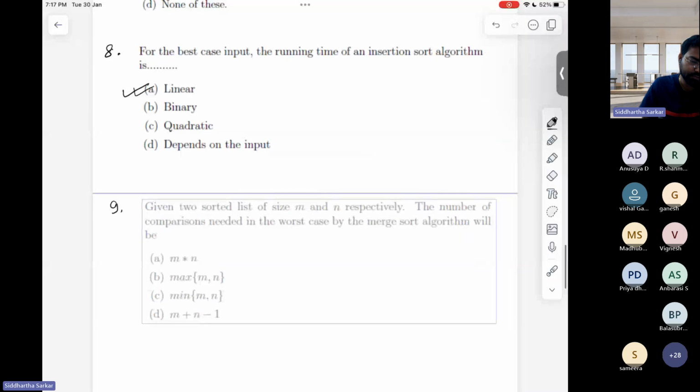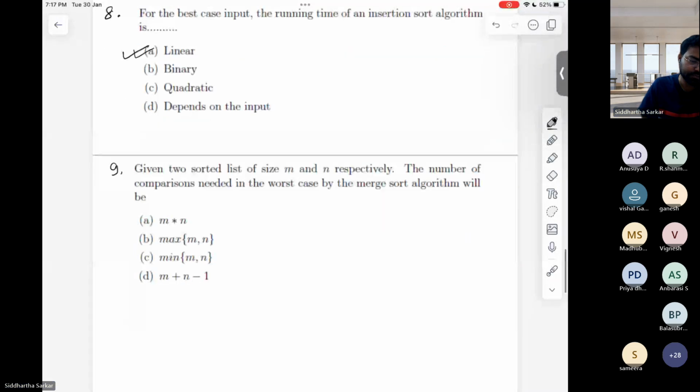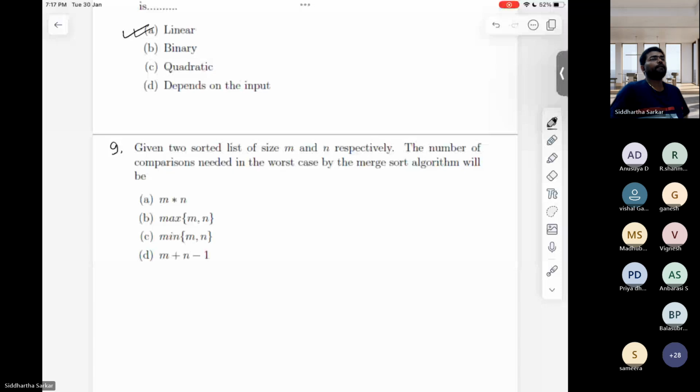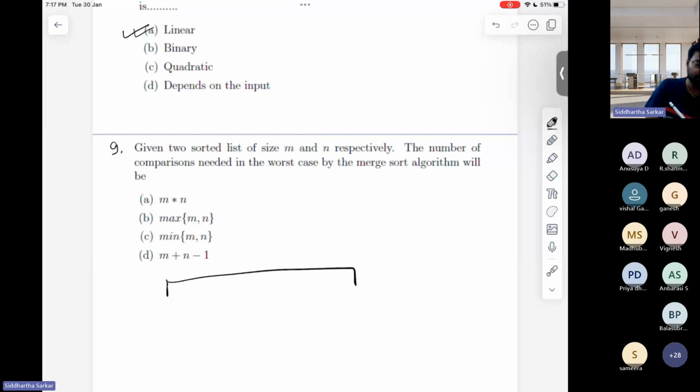Then let you read the question. So you have two sorted lists. One is of size M and the other is of size N. Okay. So you have two sorted arrays, let us say. Lists or arrays, does not matter. Plus, some numbers are there.